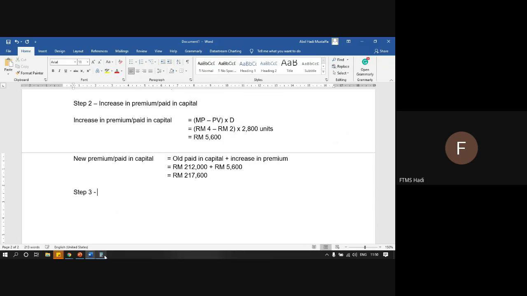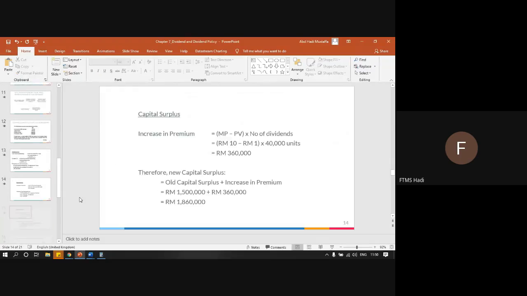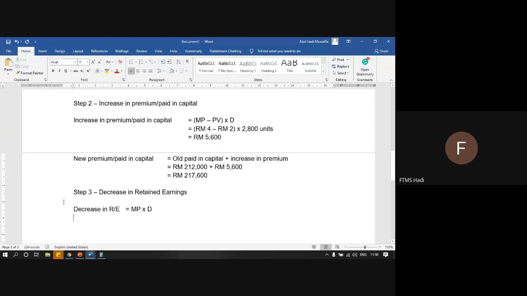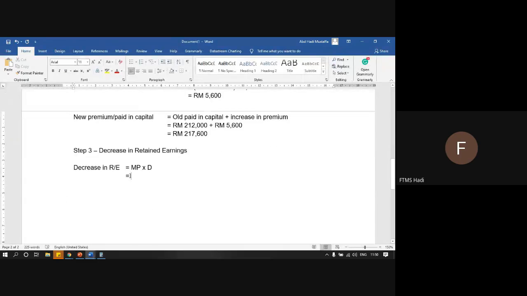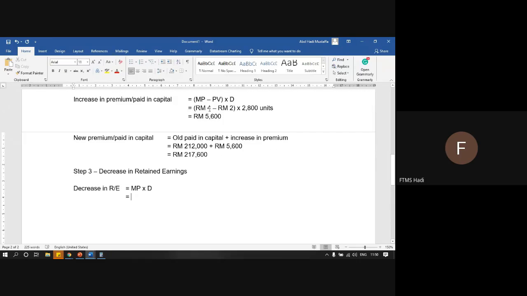Okay, the last one, step 3, which is decrease. Retained earnings should be decreased in retained earnings, RE. So the decrease in retained earnings is equal to MP multiplied by D, market price, which is RM4 earlier, multiplied by 2,800 units, which is this one.